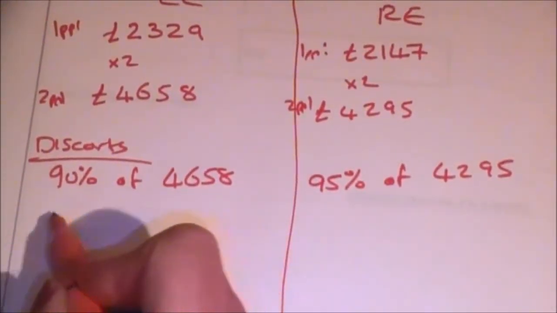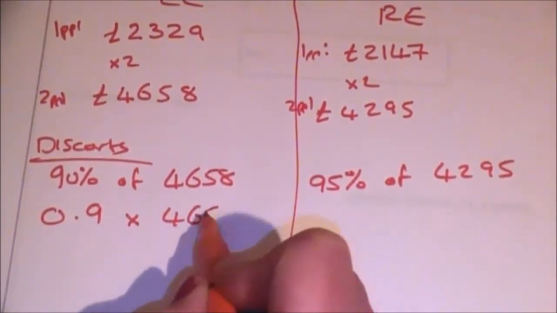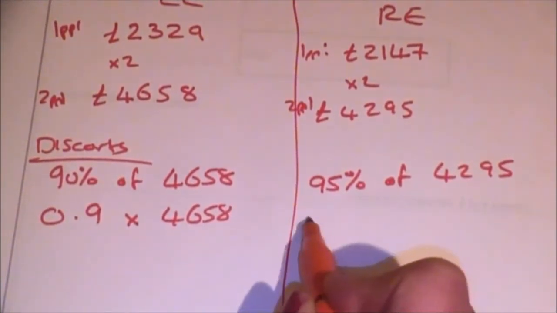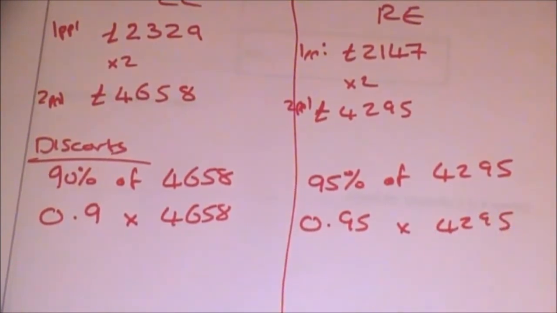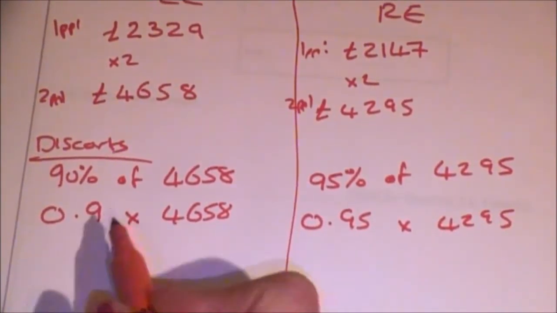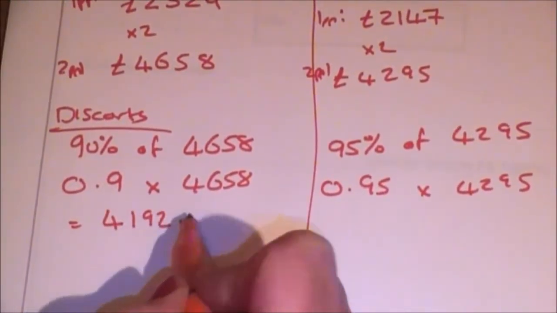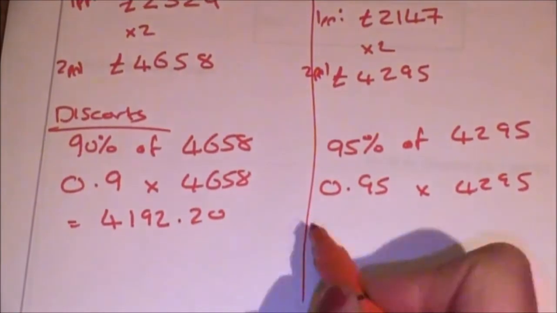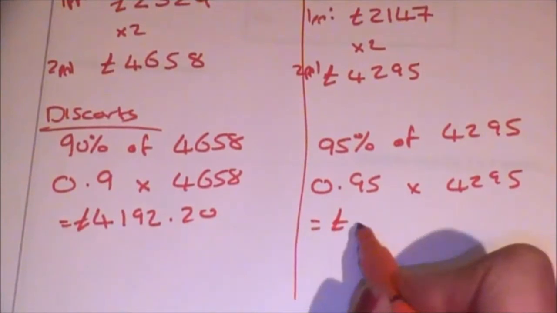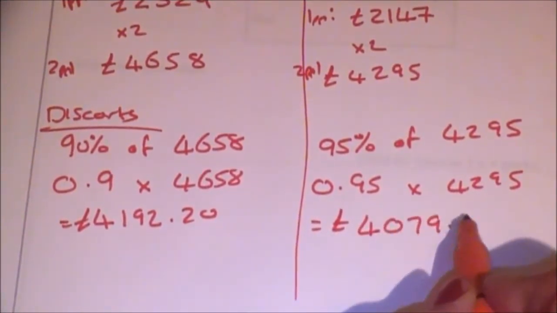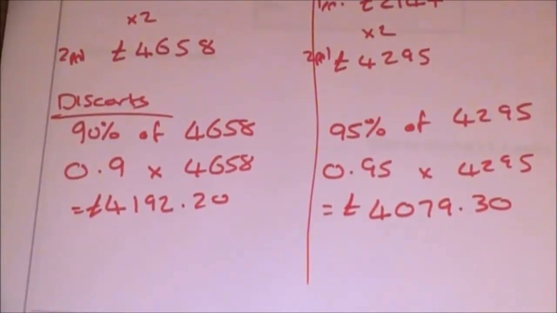Now it's a calculator paper. 90% is 0.9 times by 4,658, and 95% is 0.95 times by 4,295. So when I tap that in my calculator, I end up with £4,192.20, and don't forget your units. And over here I end up with £4,079.30. So that's my final working out.